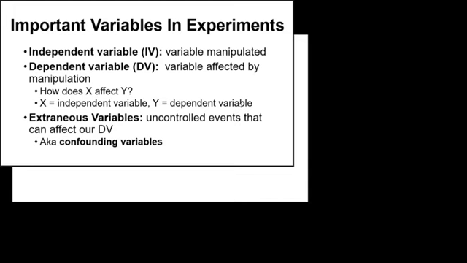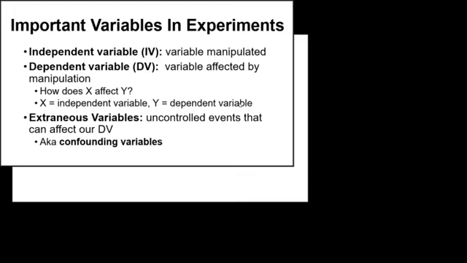So the independent variable is the one that is being manipulated by the experimenter and is causing a change, theoretically, in the other variable. I remember this one because it is independent. It isn't changed by anything except the experimenter themselves. The dependent variable is actually a little bit easier for me to remember, at least. This is the variable that's affected by that manipulation. So our dependent variable will change depending on the level that our independent variable is at.